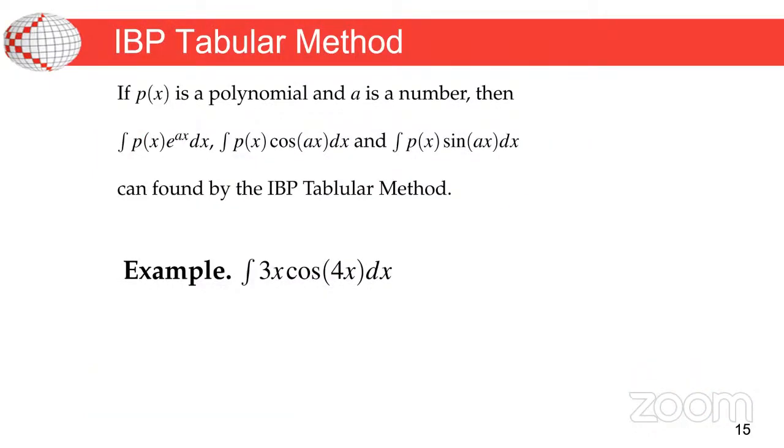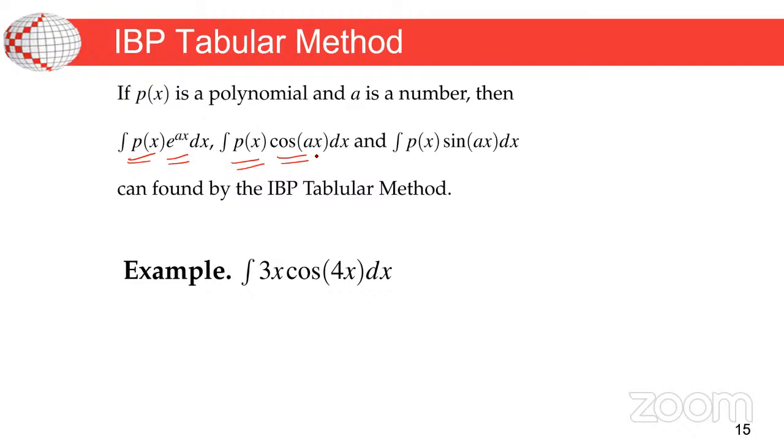You might remember that when you integrate a product of a polynomial and an exponential function, e to a number times x, you can use the tabular method. Interestingly, it also works if you have an integrand that is a product of a polynomial and cosine ax or sine ax, where a is a number.